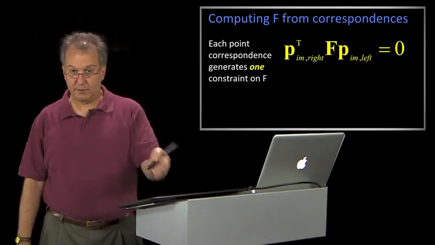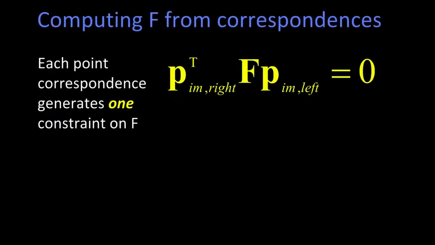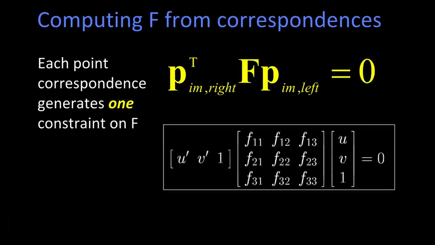Here I wrote the fundamental matrix equation, and you'll notice that each point gives us one equation, and that's written here like this. So u prime, v prime, 1, that's the projective representation of the point in the second image, times the fundamental matrix, times u, v, 1, the other point in the original image, equals 0. That's a single equation per point.